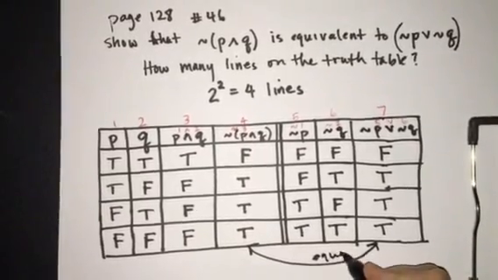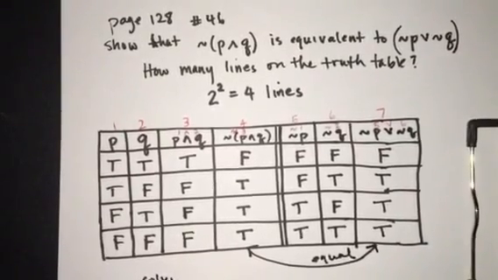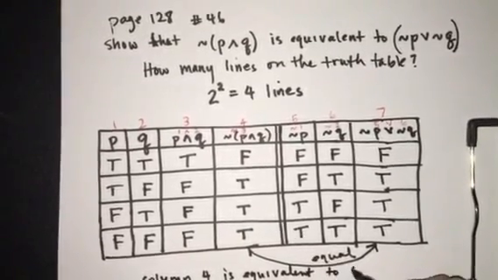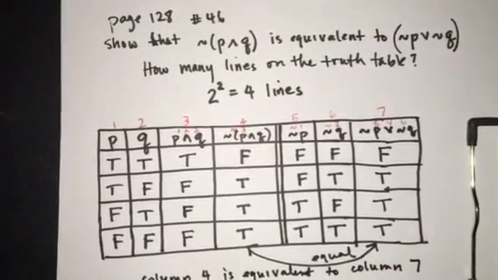In fact, I'll go ahead and write that out. Column 4 is equivalent to column 7. That means that the two statements they gave me are indeed equivalent.